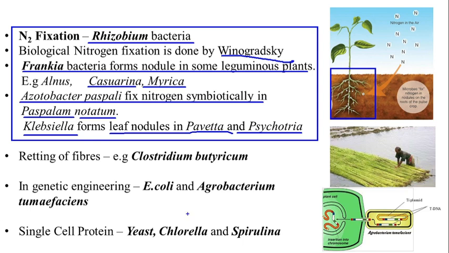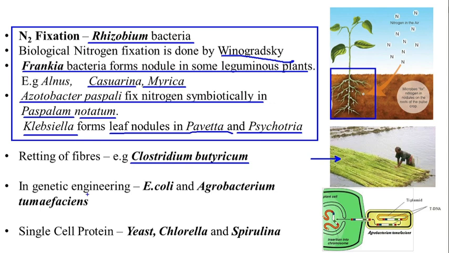Then you might have observed the retting of fibers, like here in this case jute fiber. Jute fiber is made by the retting process, and this is done by Clostridium butyricum. Now these bacteria also play a very important role in genetic engineering.